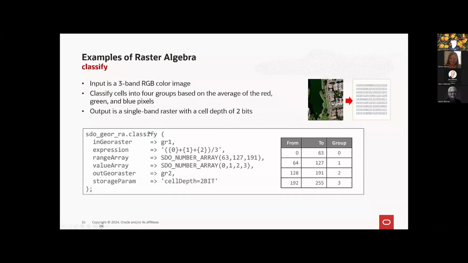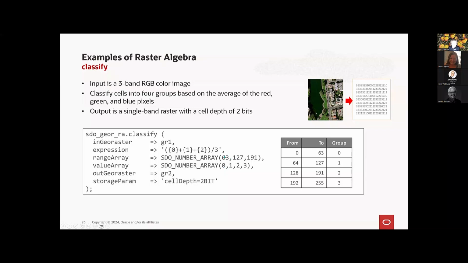And one more example that refers to classifying raster objects. What we see here is that we also have this raster algebra expression. We sum up the values for red, green, blue and divide them by 3. If the average value falls into 0 to 63, then we assign a category value 0.